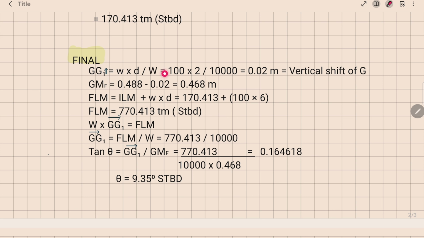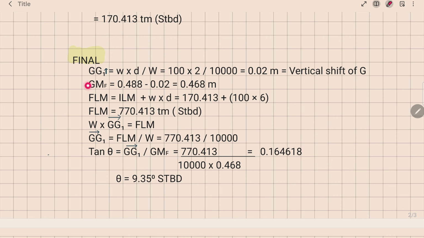So what is vertical moment? Weight of cargo shifted 100 ton, and by how many meters it has shifted vertically upwards is 2 meters. D will be 2 meters here. So W into D, 100 into 2 divided by 10,000, is 0.02 meters. This is the vertical shift in center of gravity.